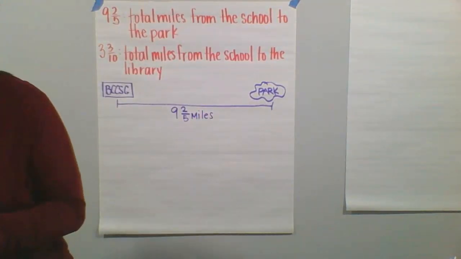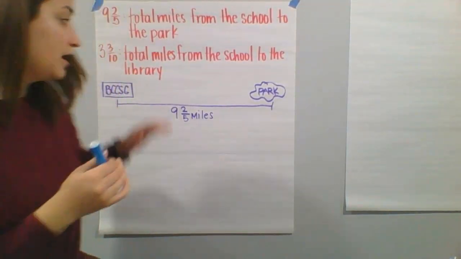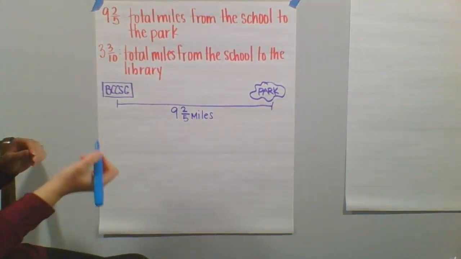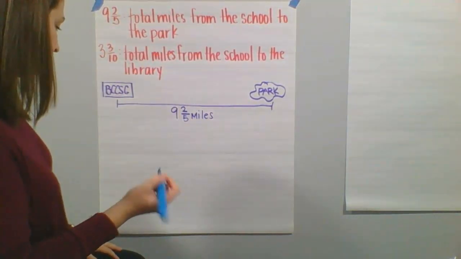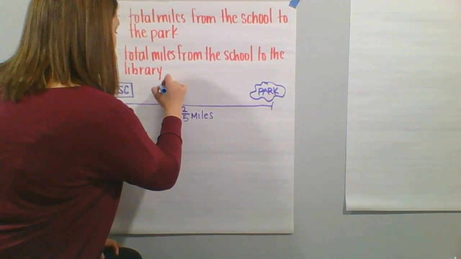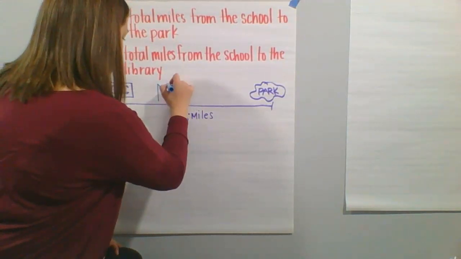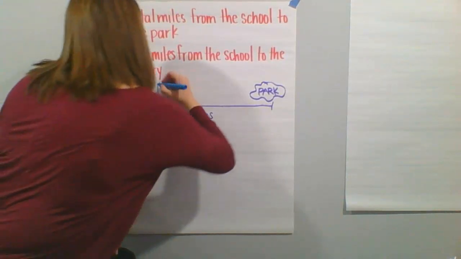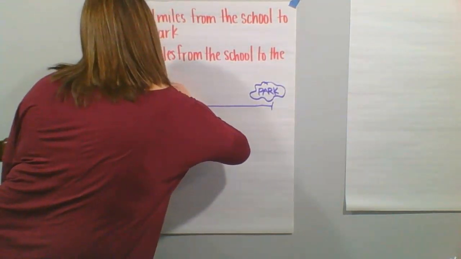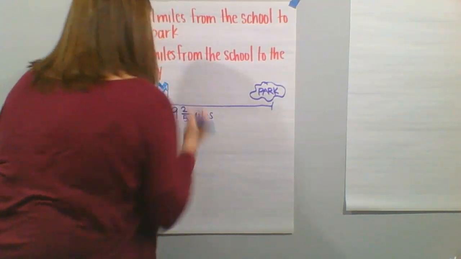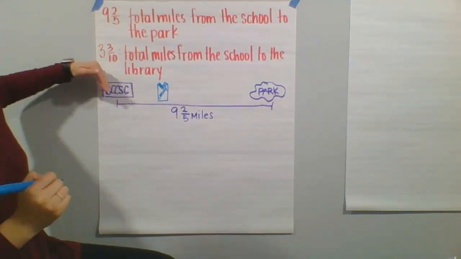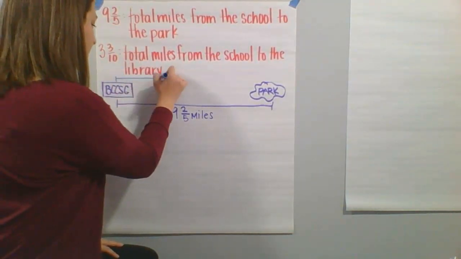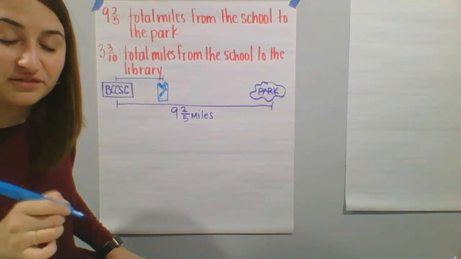All right, and then from the school to the library, it's going to be 3 3/10 miles. So we'll put the library about here. This is going to be our library. Right? And then from Brighter Choice to the library, it's going to be a total of 3 3/10 miles.